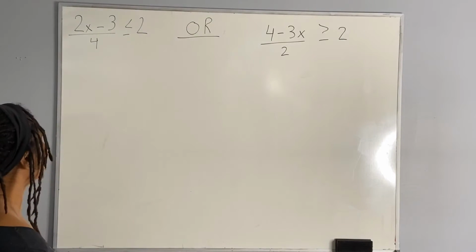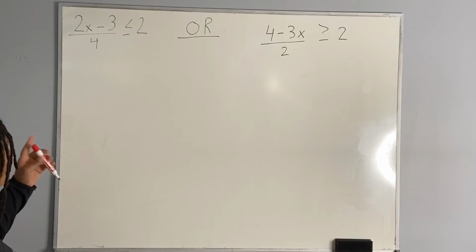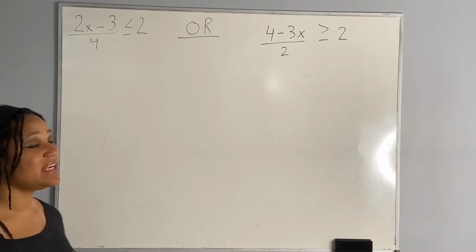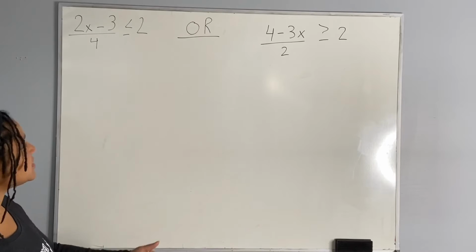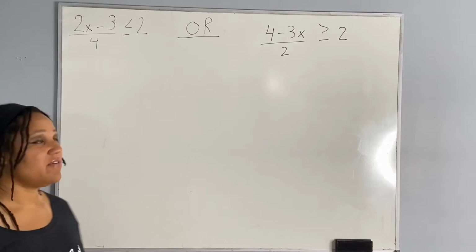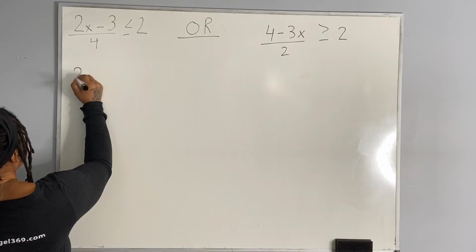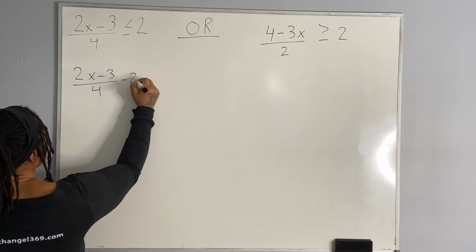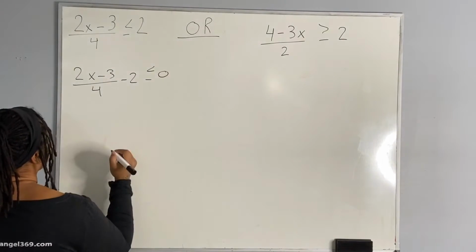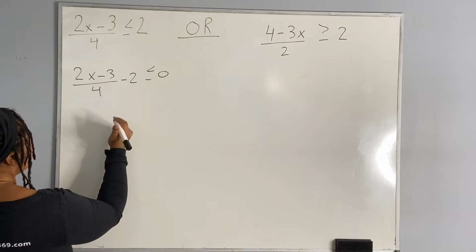So our first problem, we have (2x minus 3) all over 4 is less than or equal to 2. So I'm going to bring the 2 over to the left side and solve. So I'm going to say (2x minus 3) all over 4 minus 2 is less than or equal to 0. Now I need to add them together.